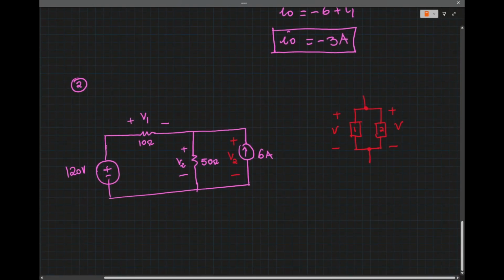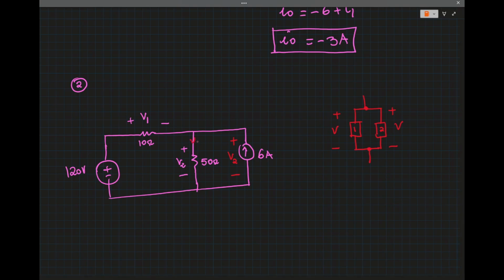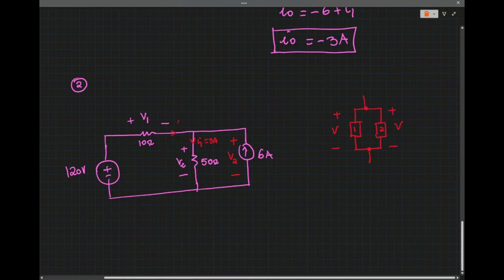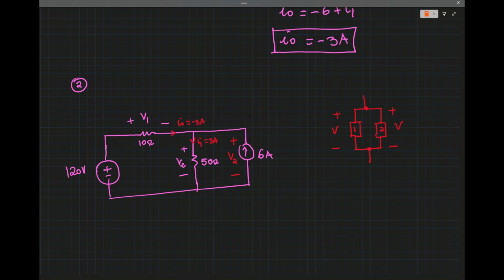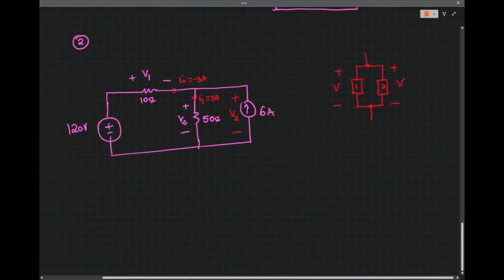So we know the current here, I1, is just 3 amps. We know I0, I0 equal to -3 amps. So here we're asked to calculate the power.